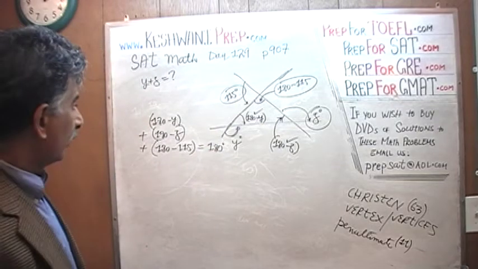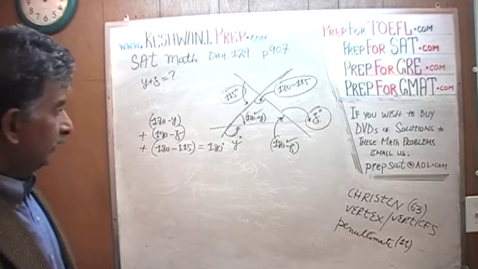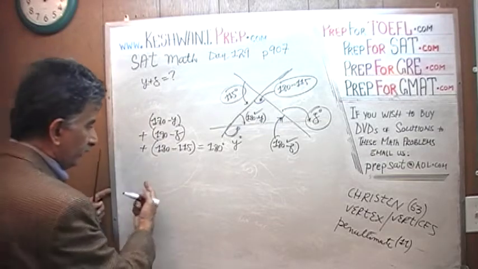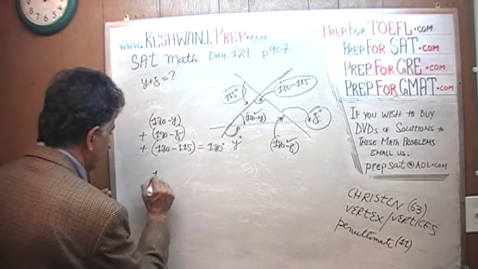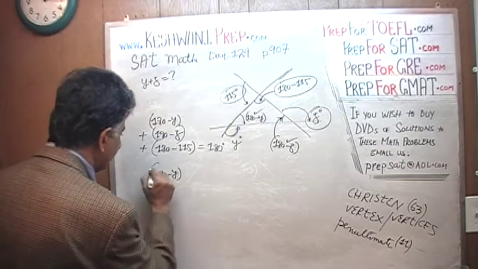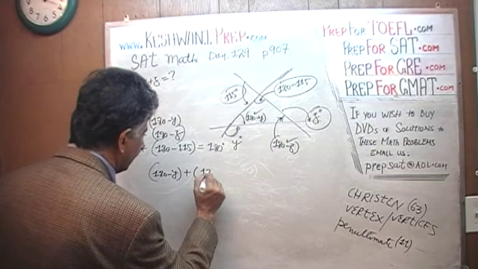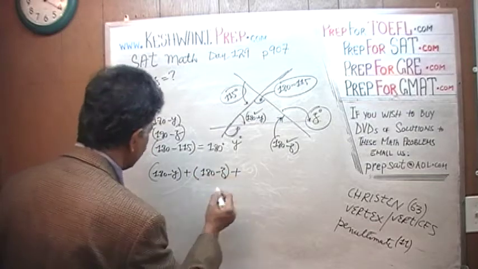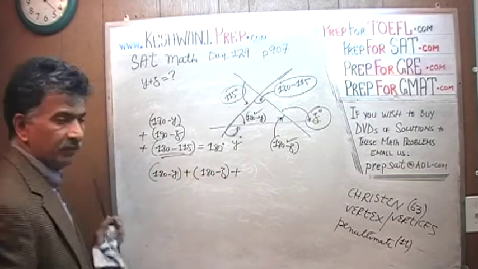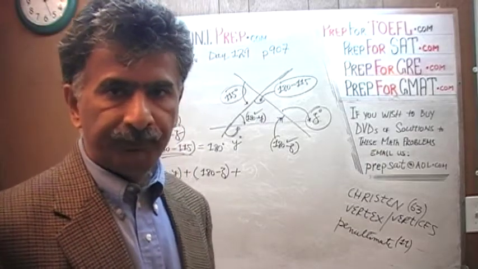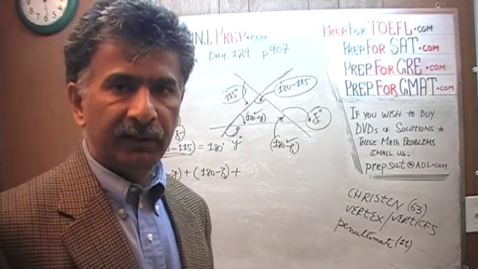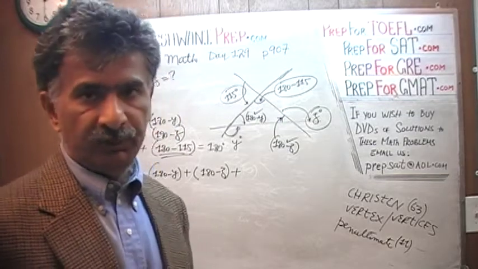I know it's a weird looking equation, but these three quantities have to add up to 180. Let's put them in the horizontal way so that we can see it in the usual way. So we end up with 180 minus y plus 180 minus z plus 180 minus 115. I'm just going to write down the quantity. 180 minus 120 would have been 60. Therefore 180 minus 115 should be 65.